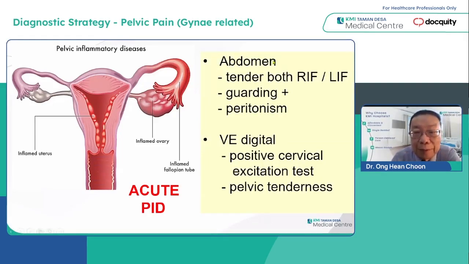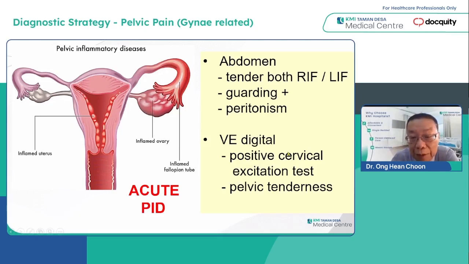If you examine the abdomen, it's usually tender on both sides, the RIF and the LIF. There can be guarding, and with the infection spreading into the peritoneal cavity, there can be signs of peritonism. If you do a vaginal examination, we do a digital examination first.